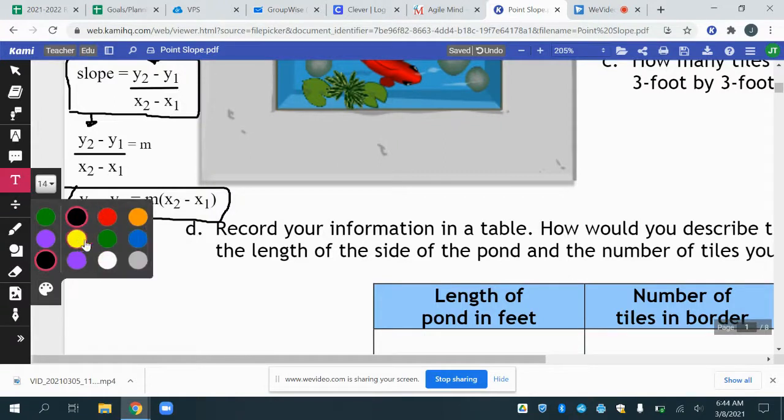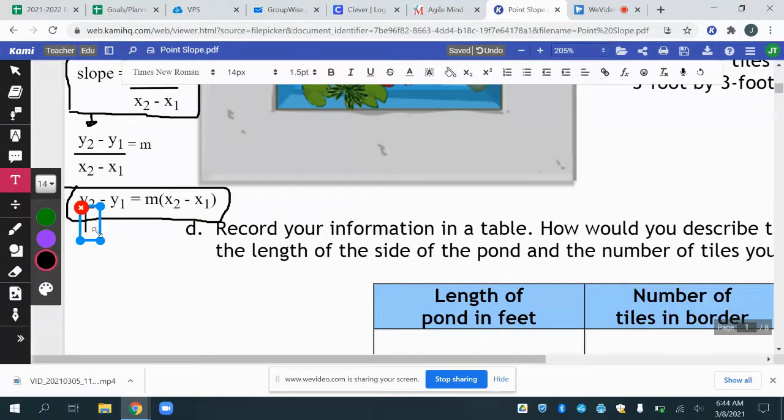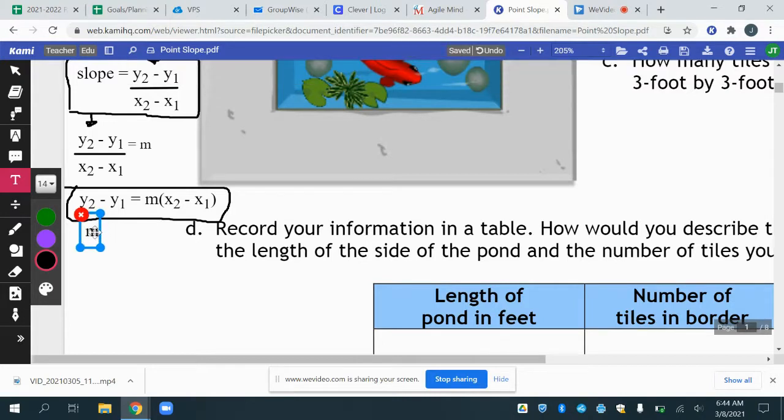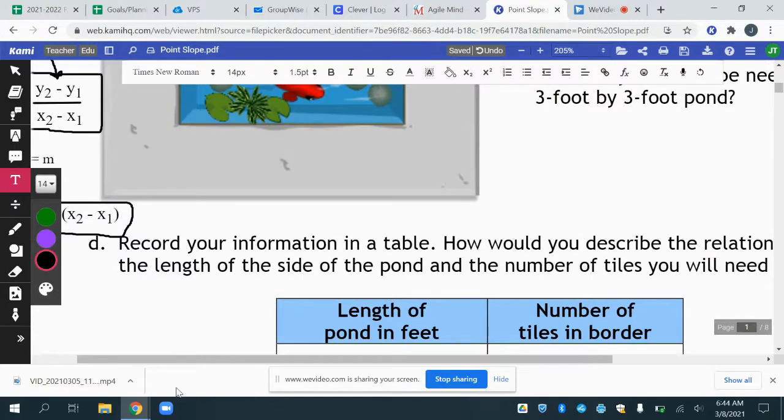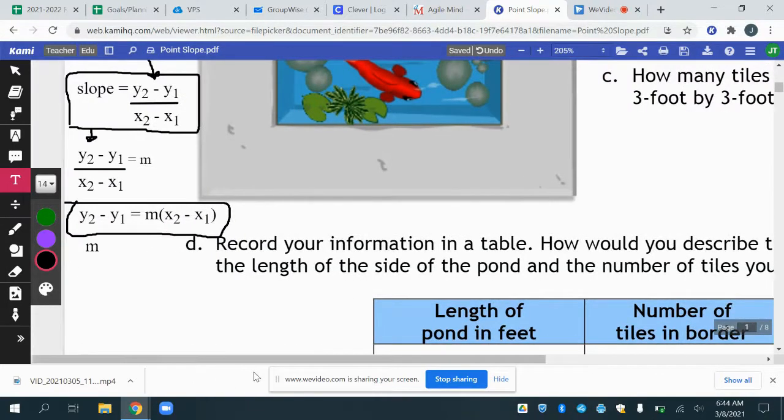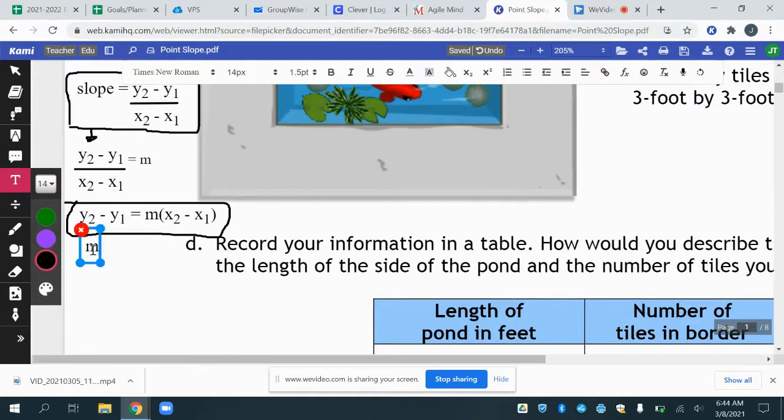Here's what we know about our line. M equals slope.